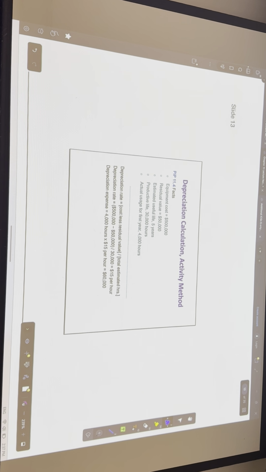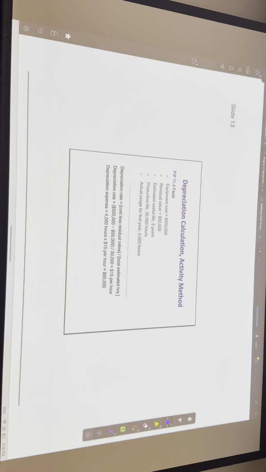Again, another depreciation method. The third one is called the activity method. There's a pro and con for this one. On one hand, this is the best one for the matching principle. The more you use, the more depreciation you should be taking to match against the amount of revenue that you're generating. The more you use, the more revenue you're going to generate, and the more revenue you generate, the more expense you should be recording as well.